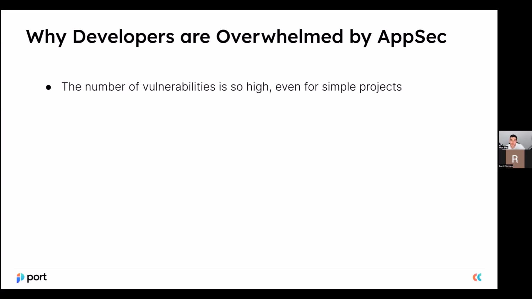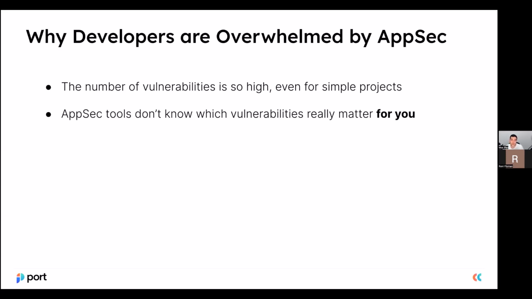And so that makes it very difficult to stay on top of things, even when I'm talking about simple projects, let alone when I'm talking about big organizations with a lot of code, with microservices that might be a bit more legacy, and so on.